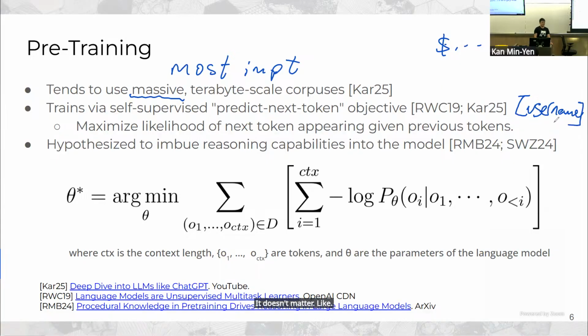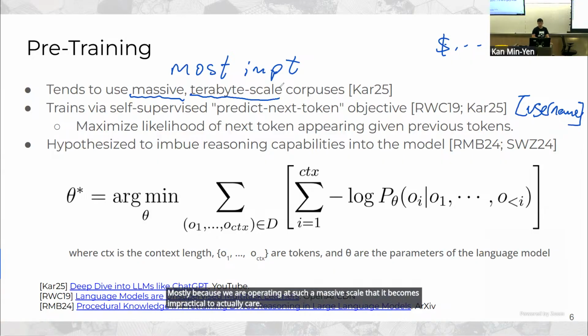The point is that we have volume data, and that's what people have prioritized over the exact quality. Mostly because we are operating at such a massive scale that it becomes impractical to curate the data one by one. So we're looking at data that is intractable, even if, let's say, you hired the entire population of Asia to go and curate the data set for you. So that is what we really mean by massive scale.